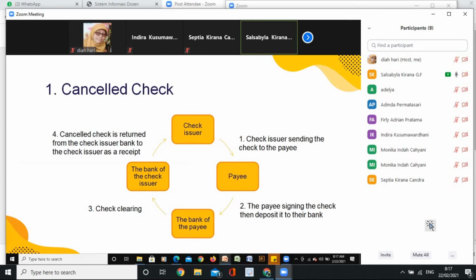Then the bank of the payee does check clearing and sends it to the bank of the check issuer. Then the bank of the check issuer cancels the check. The cancel check is returned to the check issuer as a receipt. But in Indonesia, there is no cancel check yet.